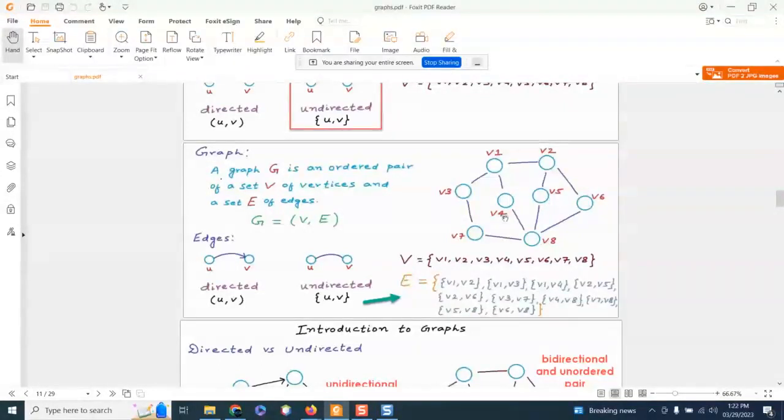V1 to V2 is already done, so we are not going through that because it's an undirected graph, so we don't need to write V2 to V1, but V2 can go to V5 and V2 can go to V6. Same thing with V3. V3 goes to V7. There is no other way, it is going back to V1, so we are not writing that.